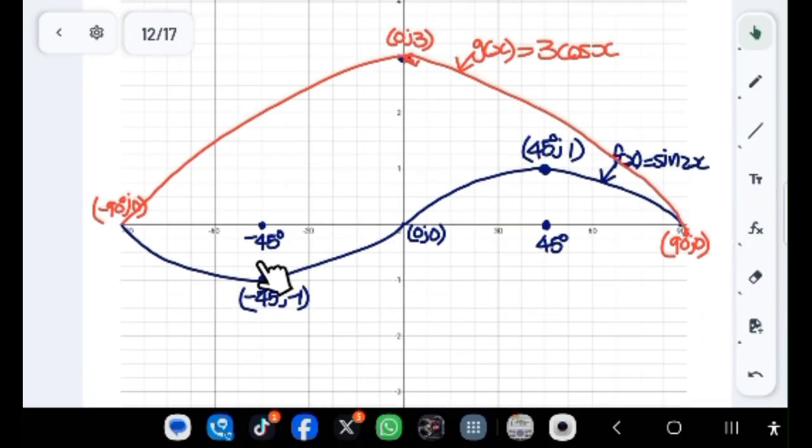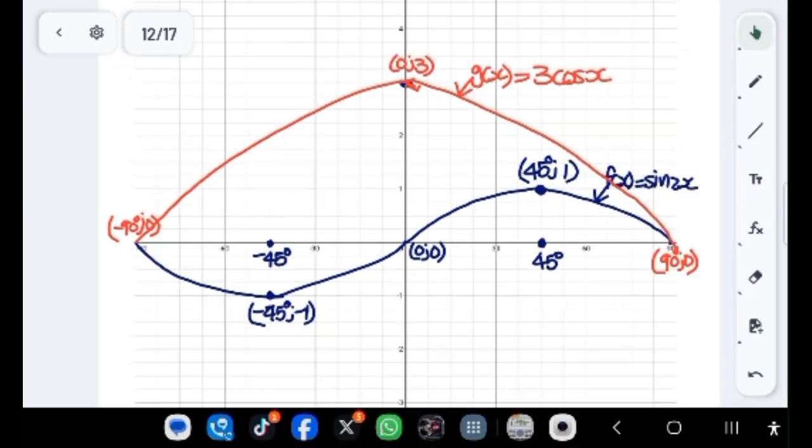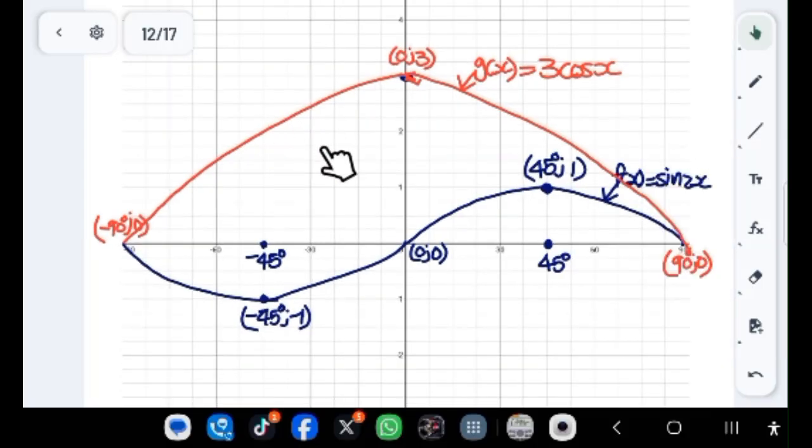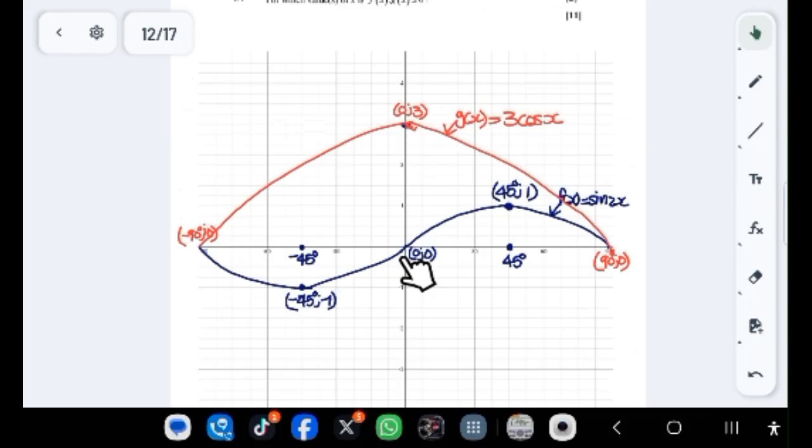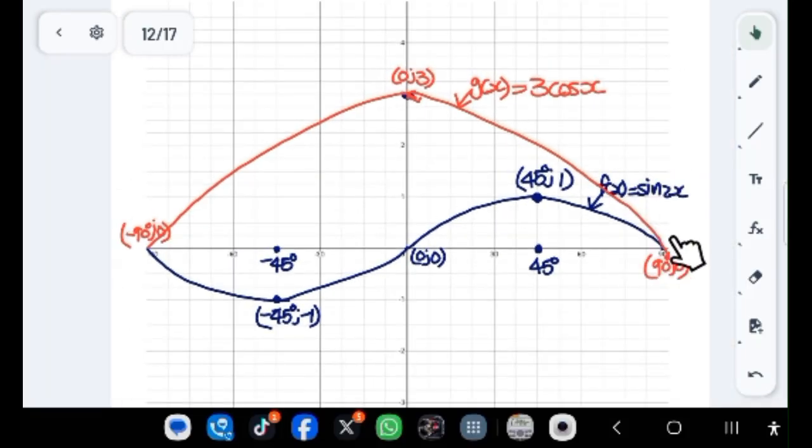For which values of x is the product of the two negative or 0? All right. To the left-hand side, you've got one under the x-axis and another one over the x-axis. When you multiply the two, obviously they will give you negative because one is negative and the other one is positive. To the right of 0, both of them are on the positive side, so when you multiply them together, they'll give you a positive.